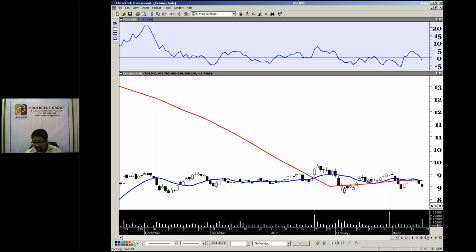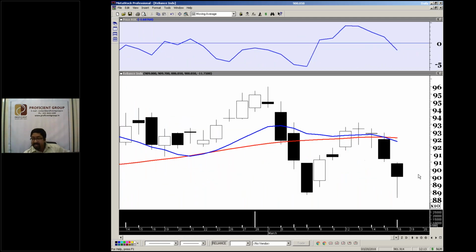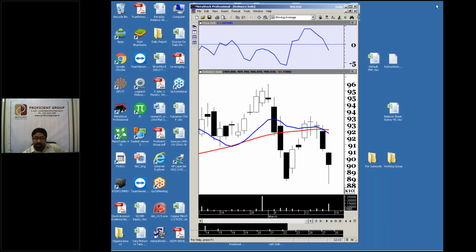Now you can see to the right of your chart that this is a bearish crossover, when the short-term moving average, the blue one, has gone below the longer-term moving average. This is a bearish crossover in Reliance Industries, which is a very significant stock and has a lot of weightage in Nifty. So Reliance Industries has given us a bearish crossover signal as of Friday, yesterday evening.